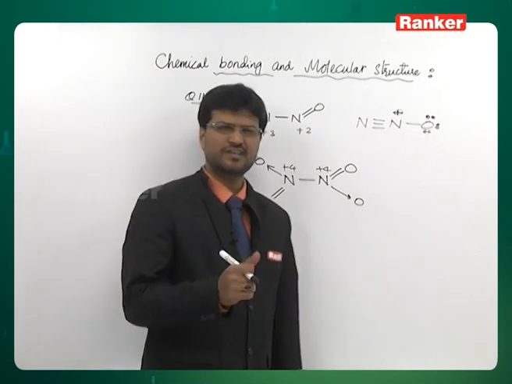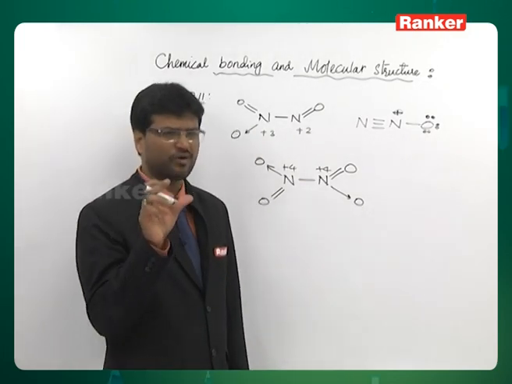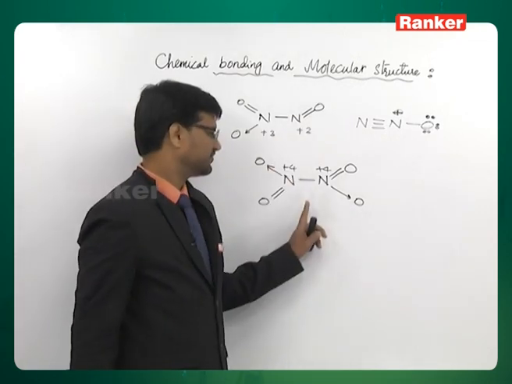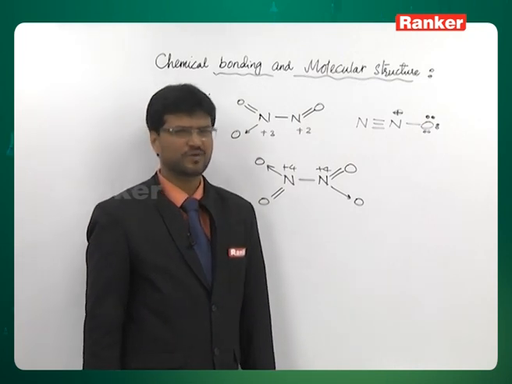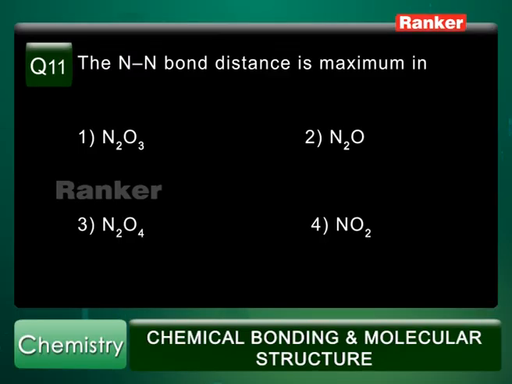As the oxidation state increases, size decreases, and as the size decreases, bond length becomes shorter. So, this will be shorter than this because of higher oxidation state, its size is smaller. Due to smaller size, the bond length will be shorter. So, the correct answer is option 1, that is N2O3. N2O3 has the longest NN bond.